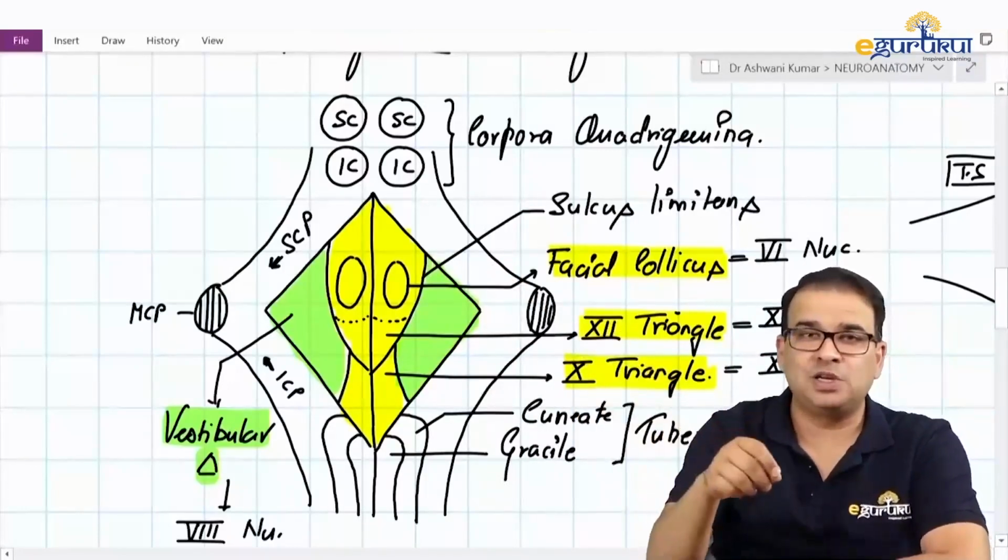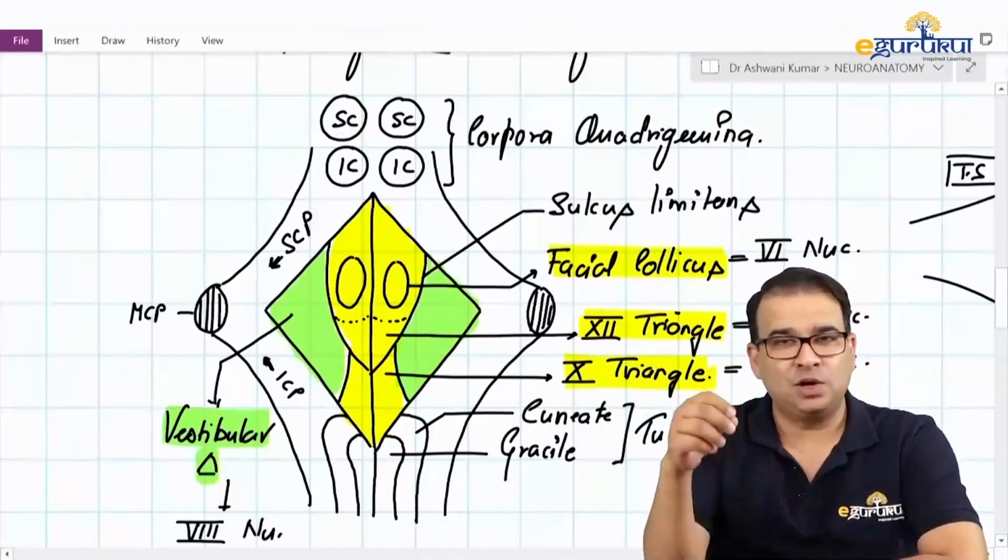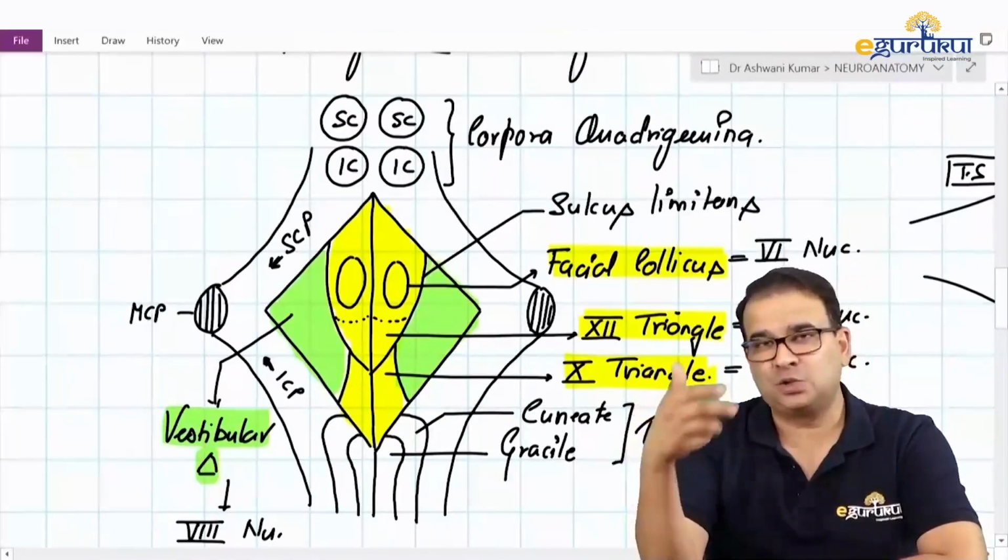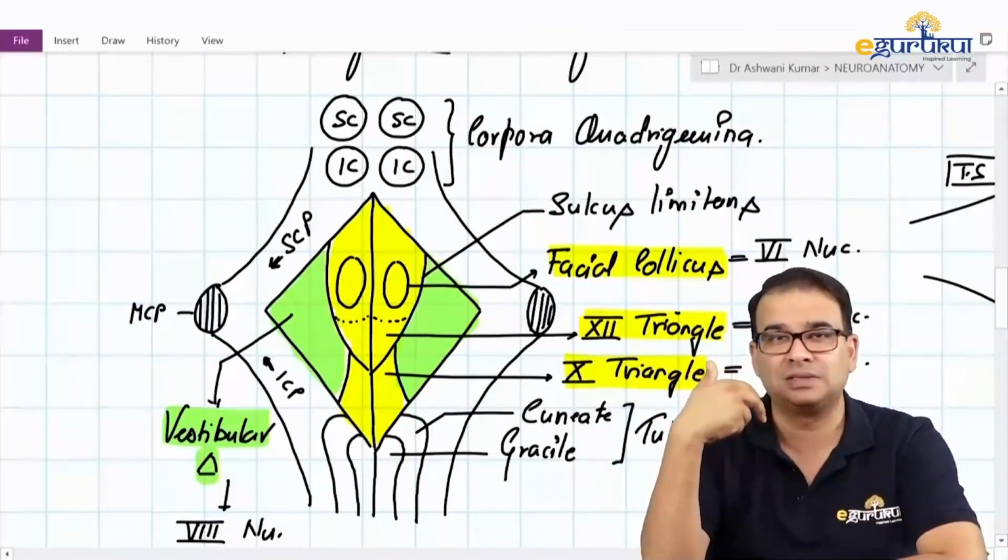Lower motor neuron of the facial nerve will be there, and we know that if there is a lower motor neuron lesion of the facial nerve, it leads to ipsilateral facial paralysis.